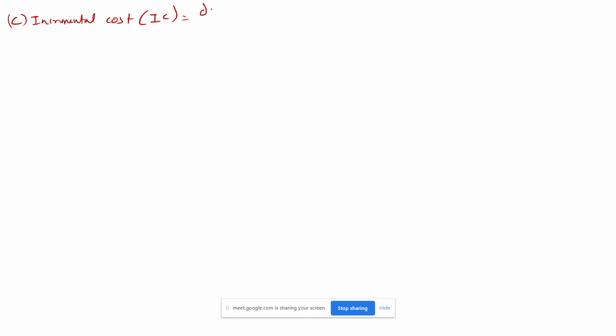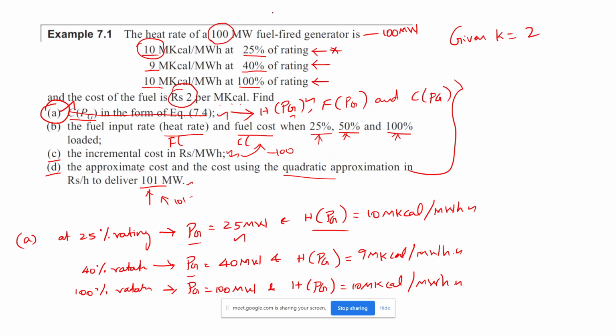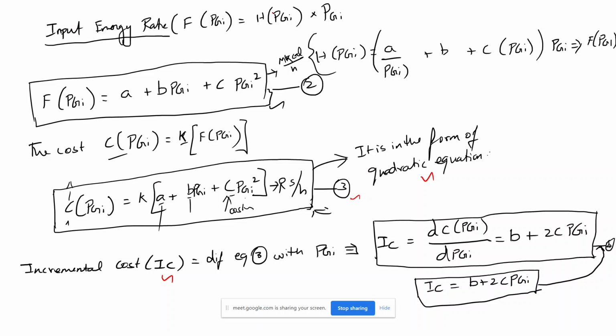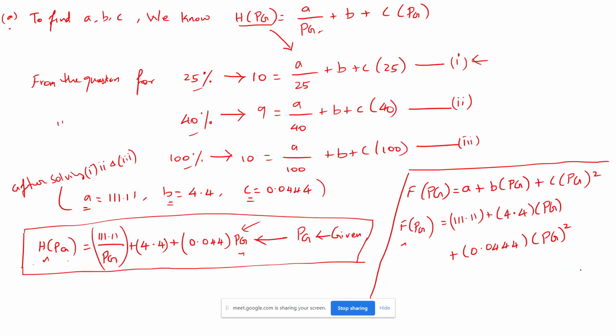So differentiation of this cost equation with respect to PG, right? So what is the final equation we got? That is nothing but B plus 2C PG. So this equation, if you are solving, then we will get that, right?